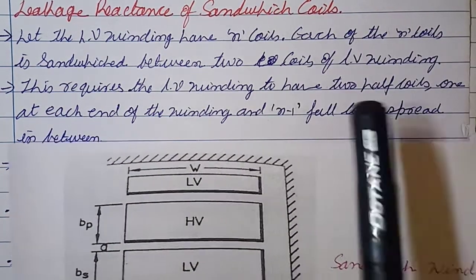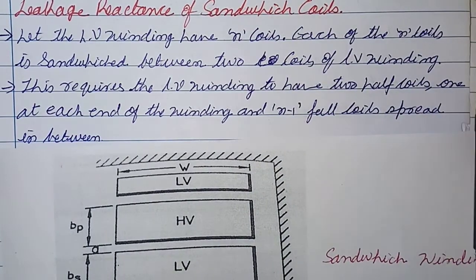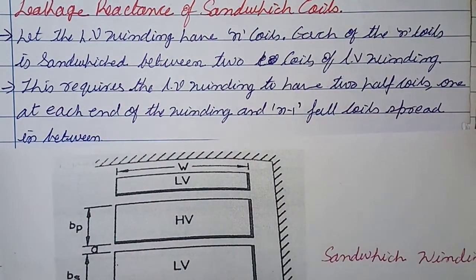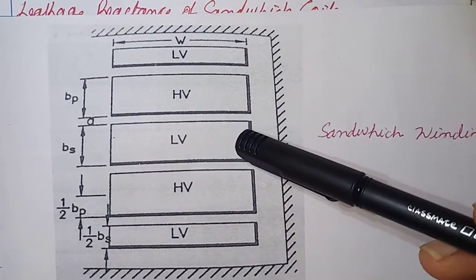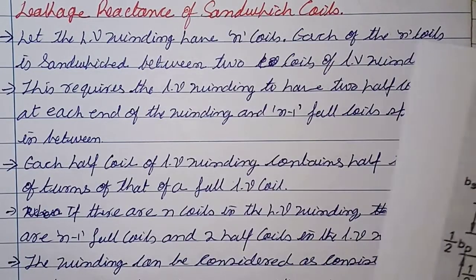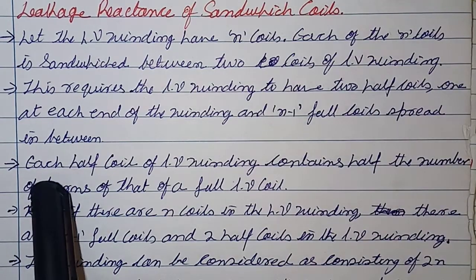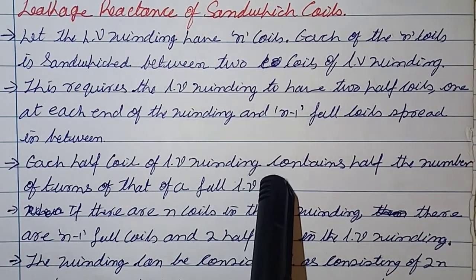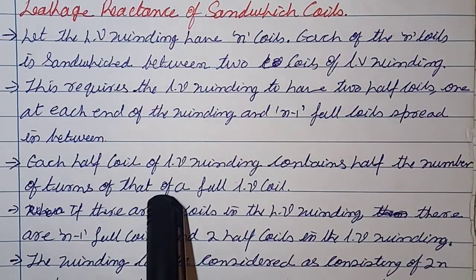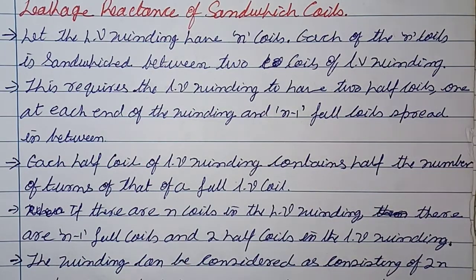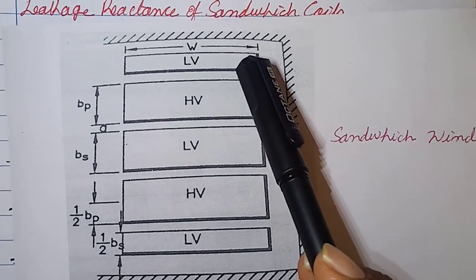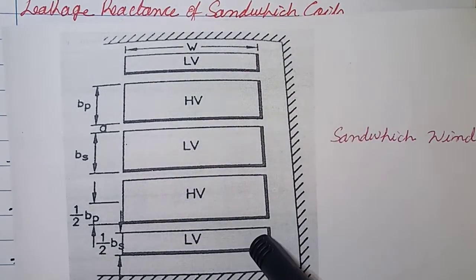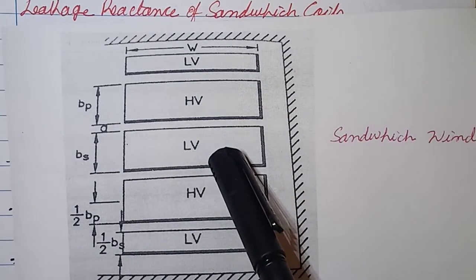So these are the 2 half coils, and then this is the full. Next, each half coil of the LV winding contains half the number of turns of a full LV coil. For example, each one of them has half of the turns of the full winding.